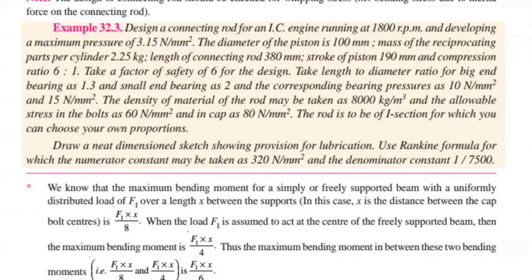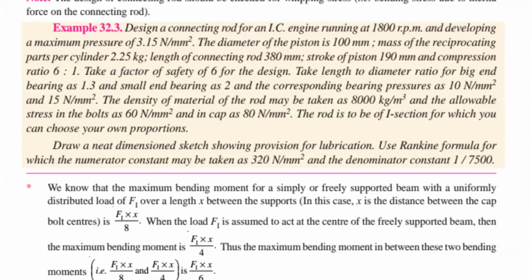Mass of the reciprocating parts per cylinder is 2.25 kg. Length of the connecting rod is 380 mm. Stroke of the piston is 190 mm, and compression ratio is 6:1. Take a factor of safety of 6 for the design.